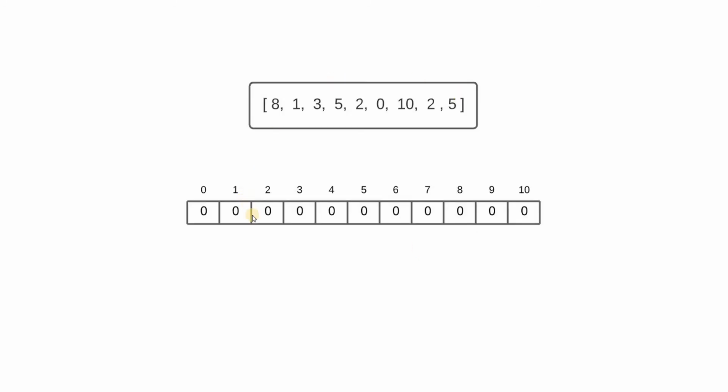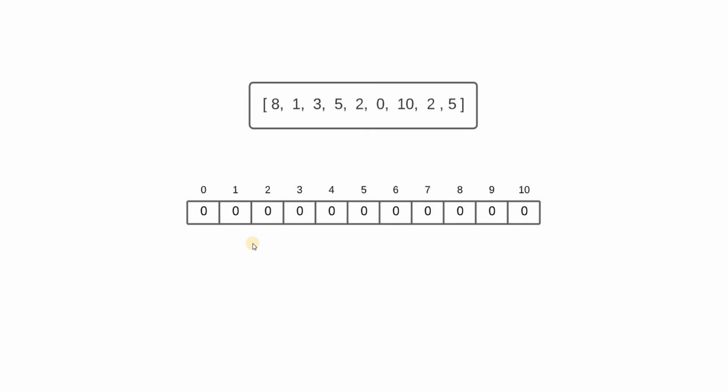Whatever the maximum element is here, we need to find that first and then create a new array of that size, plus 1. And this is the result. You see, this is our array to be sorted, and this is the new array that we made. It has slots from 0 to 10. They look like 10 slots, but they're actually 11 if you count, because 0 is also over here. So we have 11 slots in total.